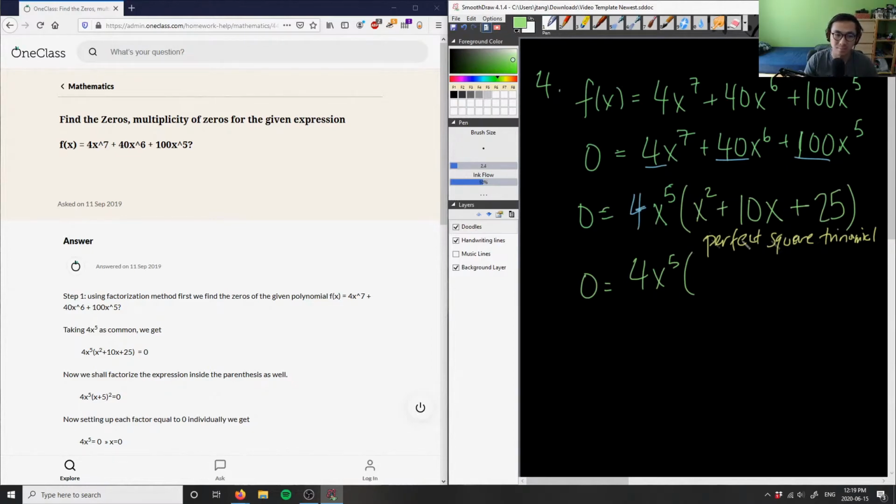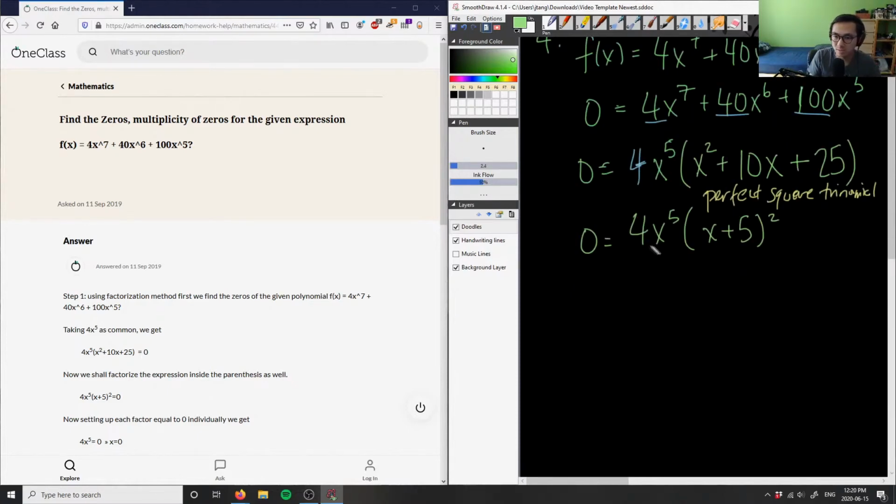So if I factor this, it gives me x plus 5 squared. So now we can take both cases here. This is case 1, and this here is case 2, and we can set each to 0 to find our zeros.